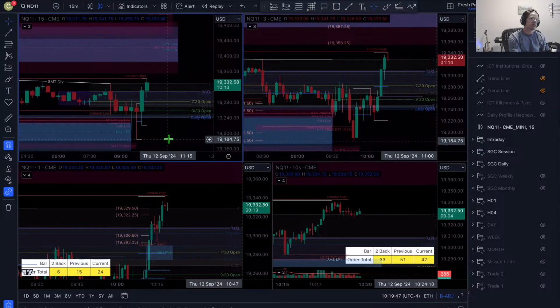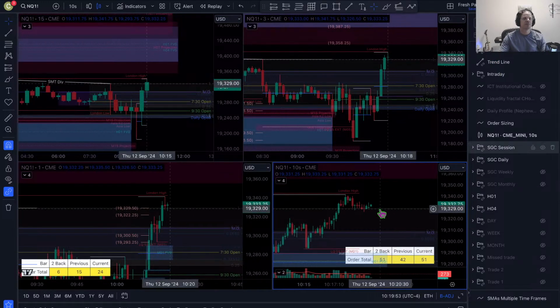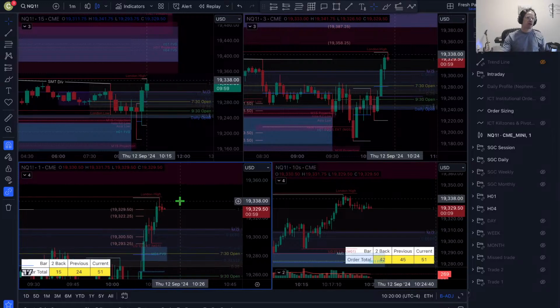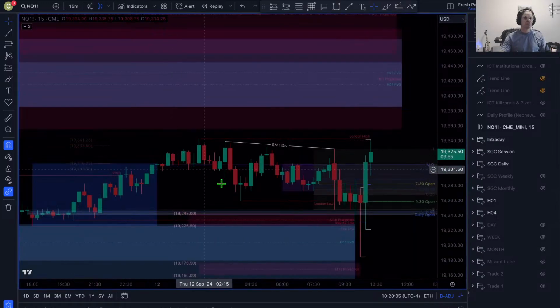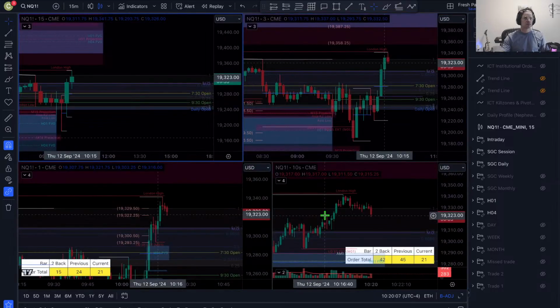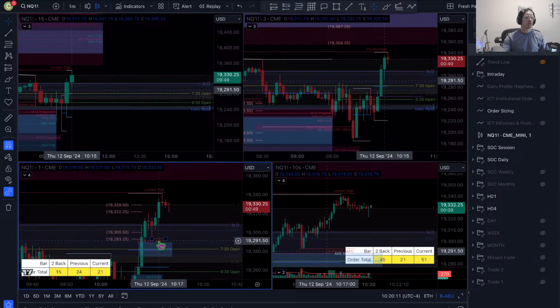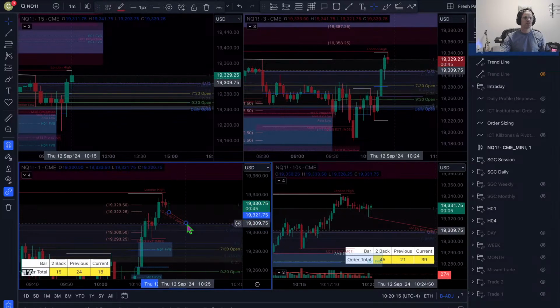Grabbed M1 liquidity within here, right? But I'm not going to be longing from this high. Rather, if I'm going to take anything up there, I need more liquidity to be engineered up here, right?